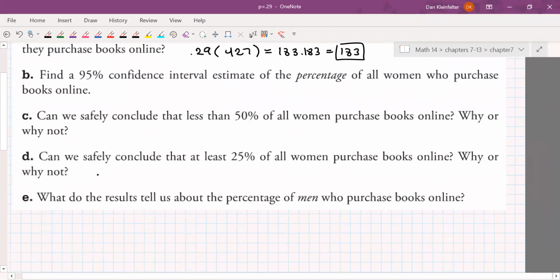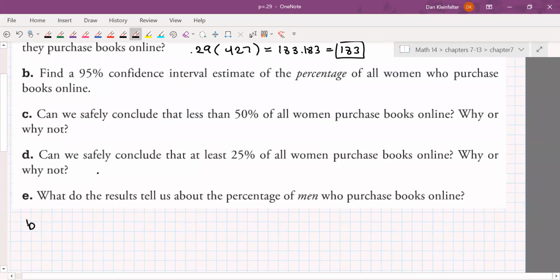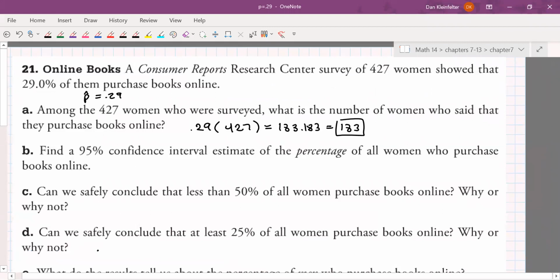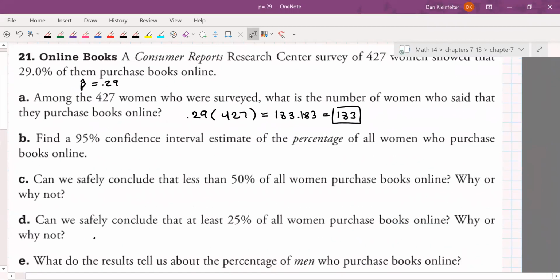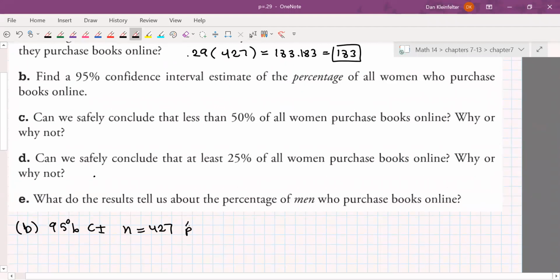So we need more space, so we'll do that down here at the bottom. We want a 95% confidence interval. We're told that our n is 427 and our p hat is 0.29.